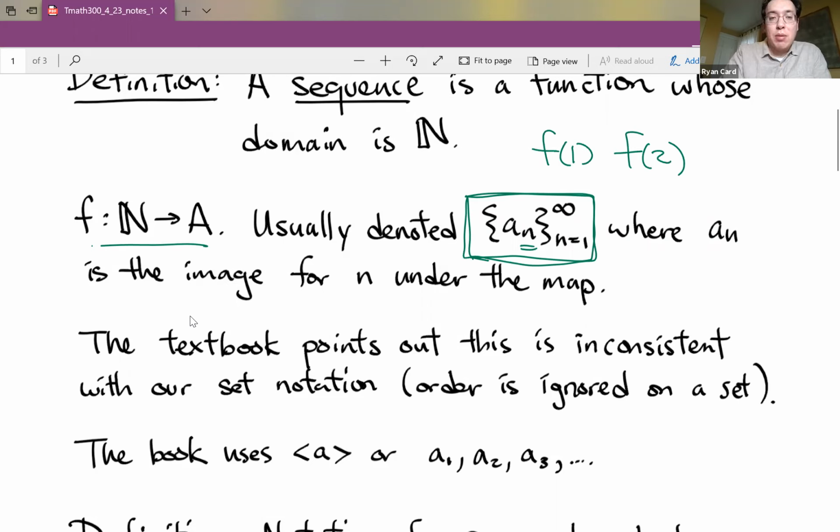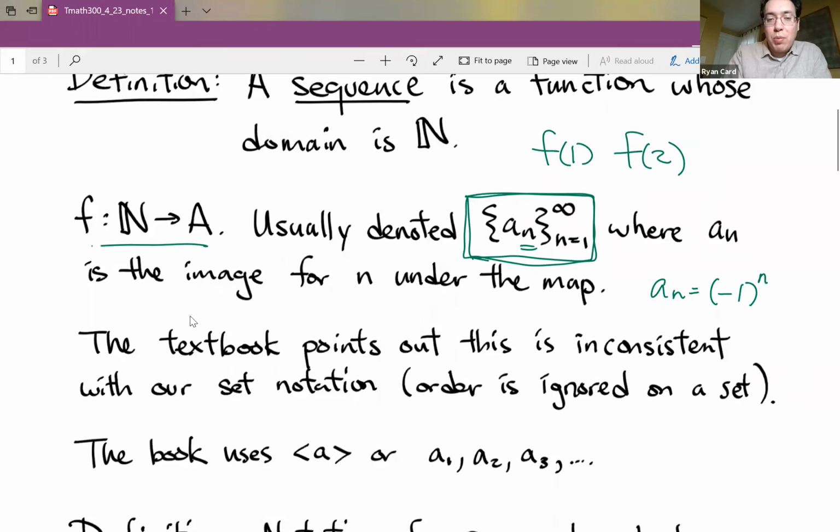So you could have a finite set, right? If a_n is, for example, (-1) to the nth power, this will flip back and forth between -1 and 1. There are only 2 elements in the image of the set.